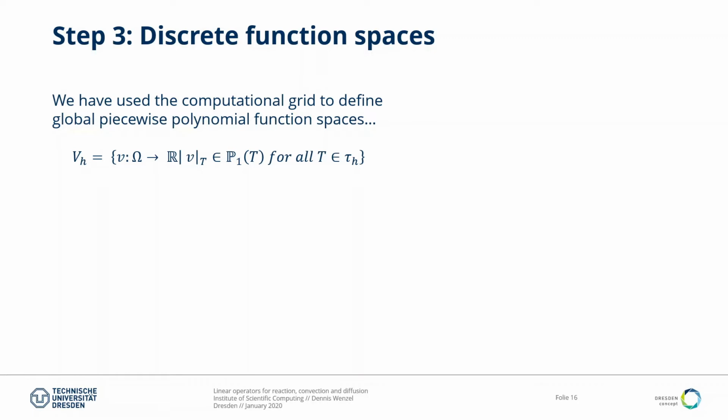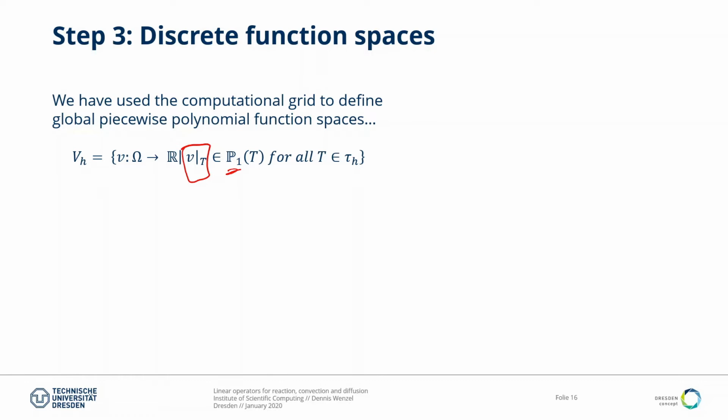That's why we have replaced them by discrete spaces, and we've chosen piecewise polynomial function spaces, meaning that every function in this space V_h is a polynomial if you are restricting your considerations to just a single triangle. So if I restrict my function v to a certain cell T, then it is polynomial. So it's not a global linear function, but on every cell it is a linear function.